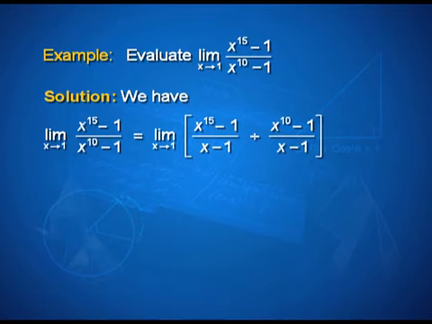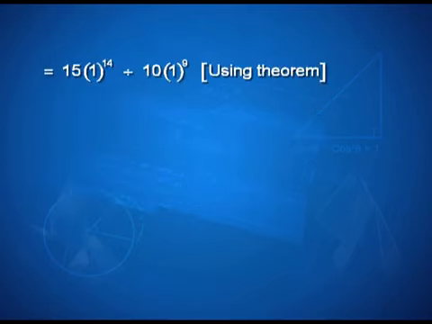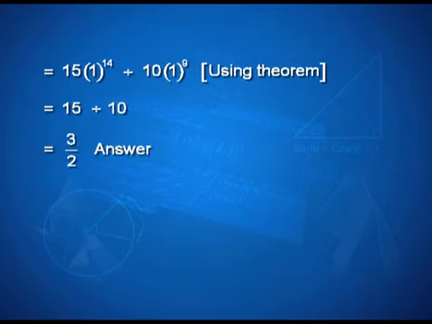That can be separated as limit of x to the power 15 minus 1 upon x minus 1 divided by limit as x tends to 1 of x to the power 10 minus 1 upon x minus 1. Using the theorem, of course, we have 15 into 1 raised to 14 divided by 10 into 1 raised to 9, that is equal to 15 divided by 10, that is equal to 3 upon 2.